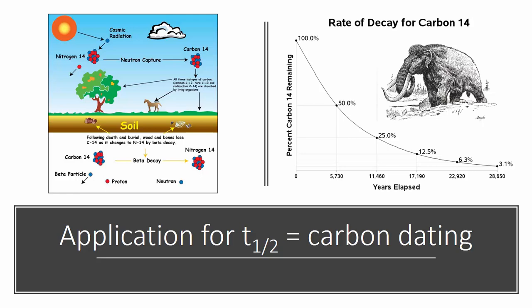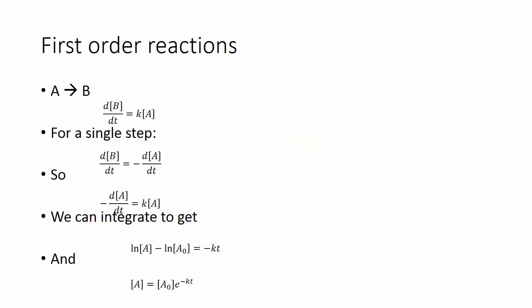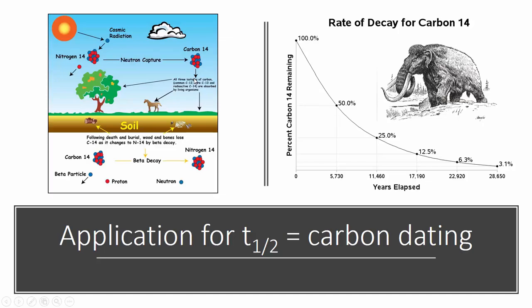So carbon in the biosphere, that's where we live, contains a known and fixed percentage of carbon-14, which is a kind of mildly radioactive form of carbon, and that decays in a single step first-order reaction to carbon-12. So carbon-14 will decay to carbon-12 in the prototypical single-step first-order reaction here.